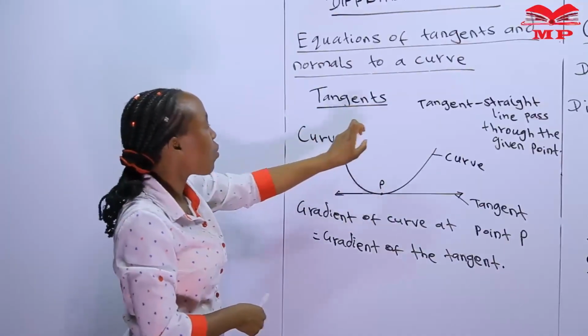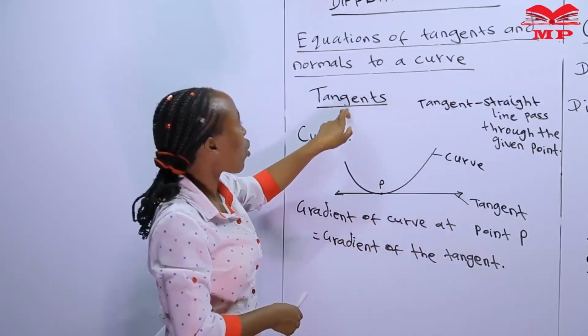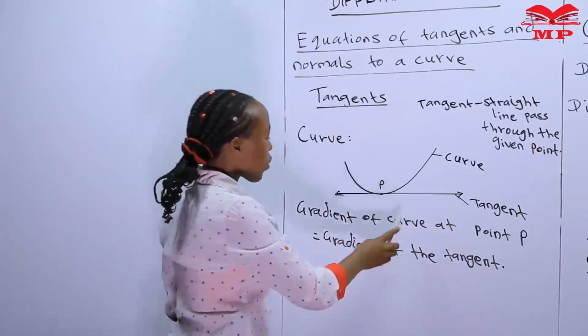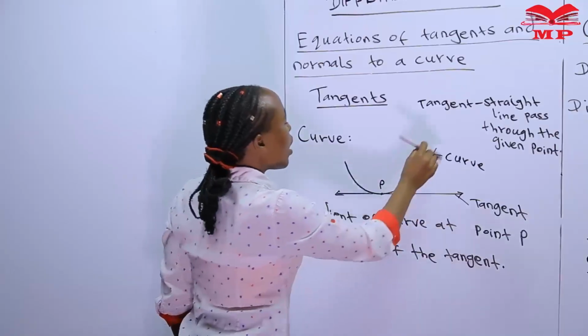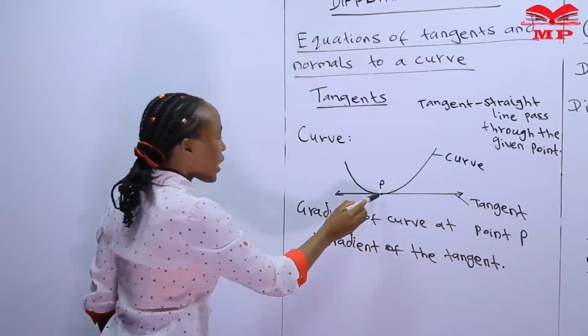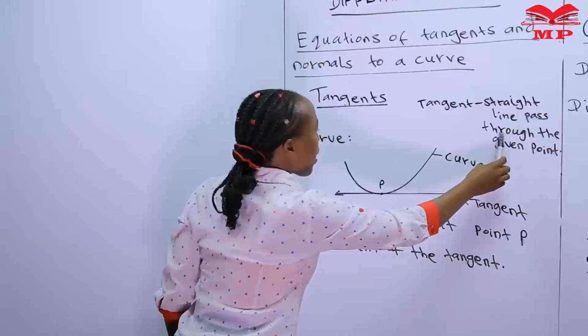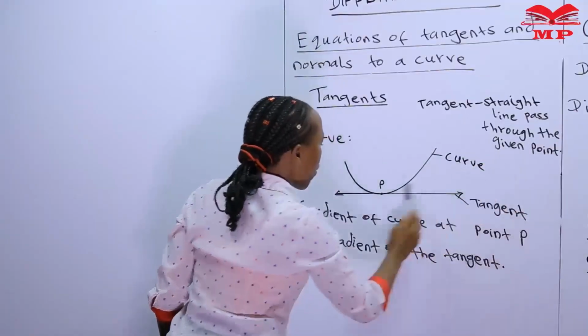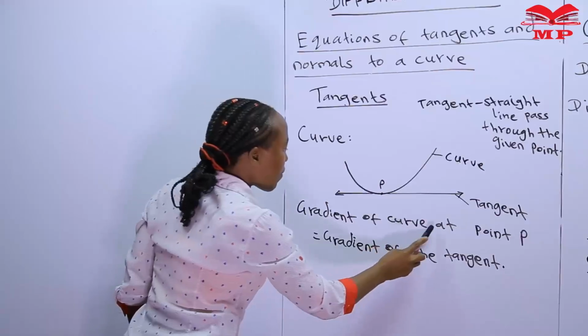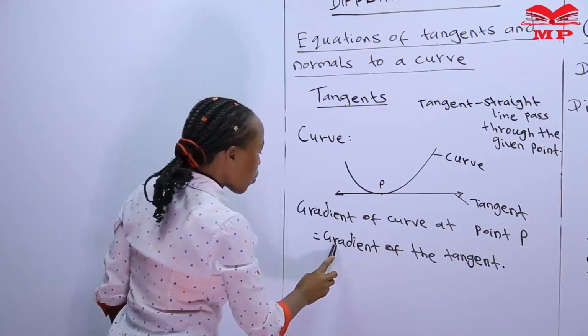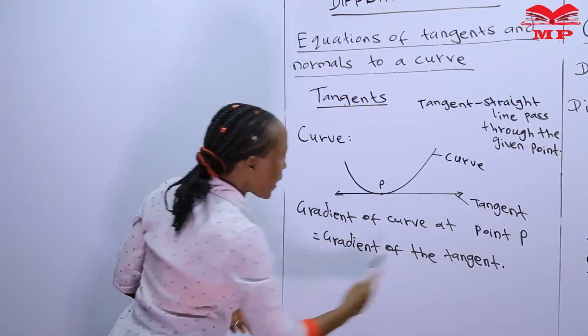So we have seen that when we are getting the equation of a tangent, we need first to get the gradient. And for us to get the gradient of the curve at the point, we need to draw the tangent, which is a straight line passing through the given point only once. So the gradient of the curve at this point P is equal to the gradient of the tangent.